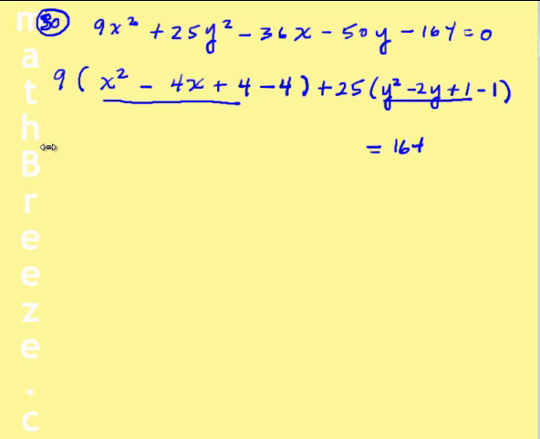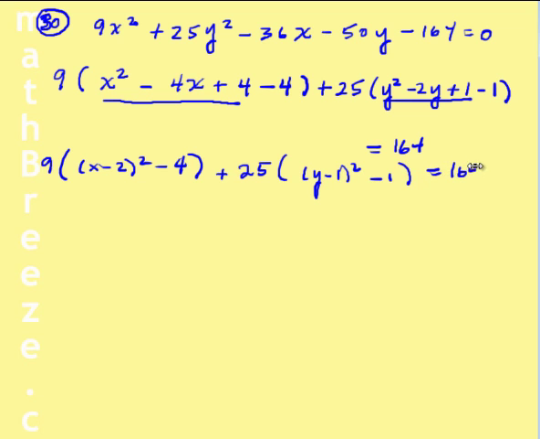So we factor that as a perfect square, and we have 9 times (x minus 2) squared minus 4, plus 25 times (y minus 1) squared minus 1, equals 164. So we're getting it into standard form.